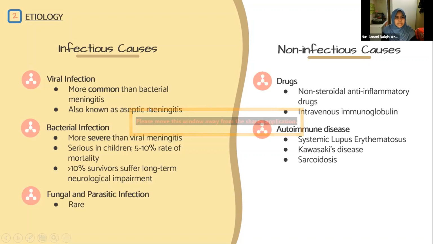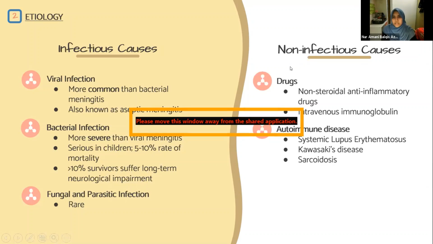It is also known as aseptic meningitis. Meanwhile, for bacterial infection, although it is less common, it is very severe, and there is a high rate of mortality, and the survivors suffer long-term neurological impairment. And for fungal and parasitic infection, they rarely cause meningitis.